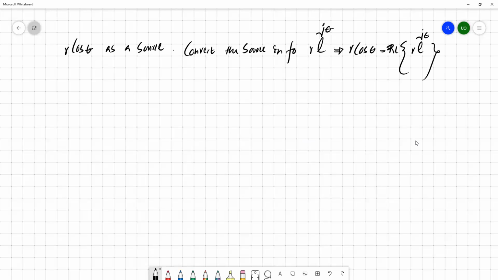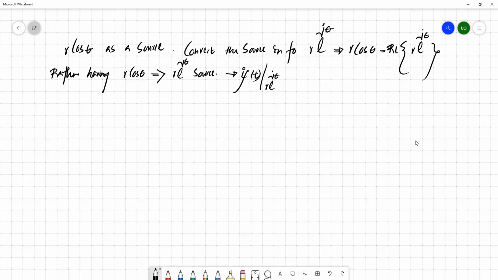So rather than having r cos theta, we basically replace this with the r e to the power j theta source. Then find the forced response for r e to the power j theta.